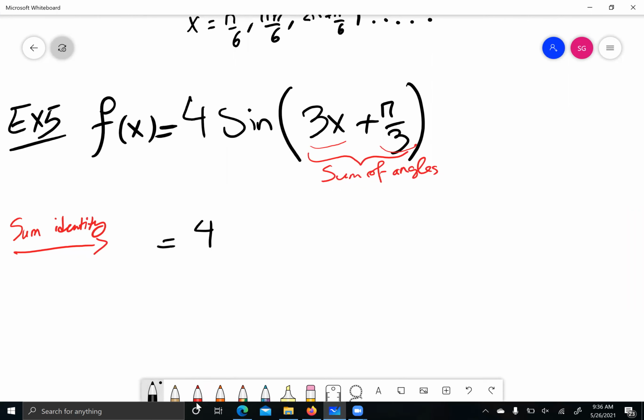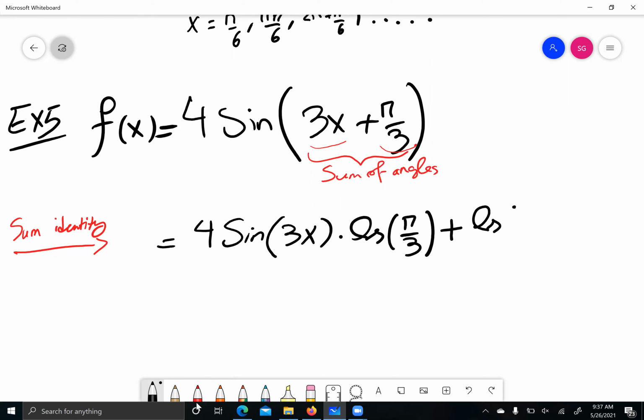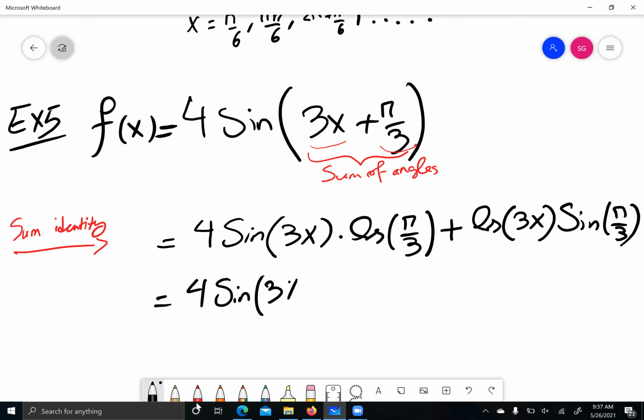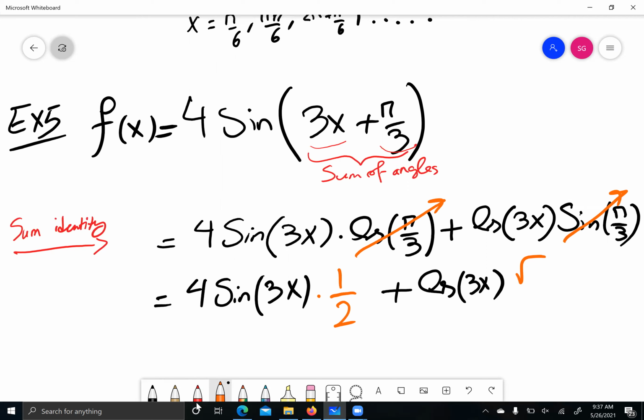The sine of the sum of two angles is the sine of the first angle times cosine of the second angle plus cosine of the first angle times sine of the second angle. Now, let's evaluate. Sine of 3x, cosine of pi over 3 is half, and sine of pi over 3 is square root of 3 over 2.